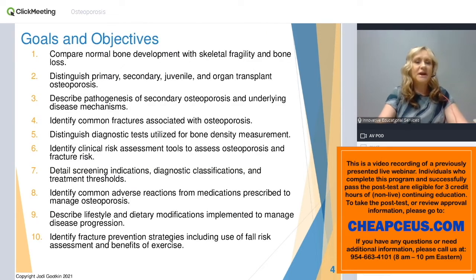To accomplish that, our goals and objectives are aligned. During our first hour, we'll spend time looking at the physiology and pathogenesis so that we understand the disease process as we look forward to management and therapeutic considerations. In our second hour, we will look at diagnostic tests, fracture management, and assessment tools.